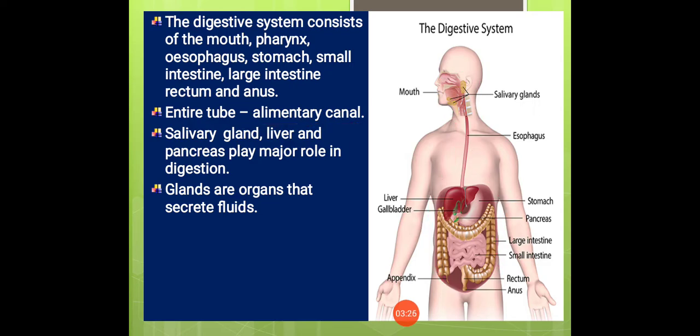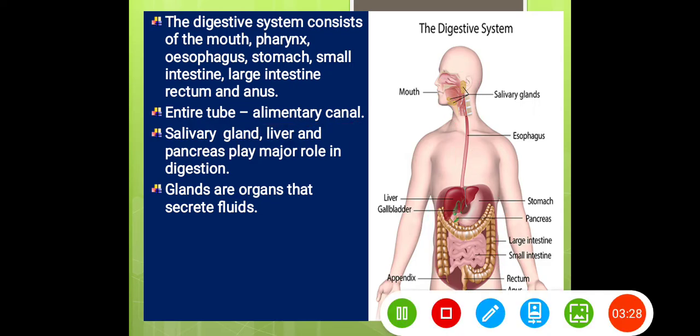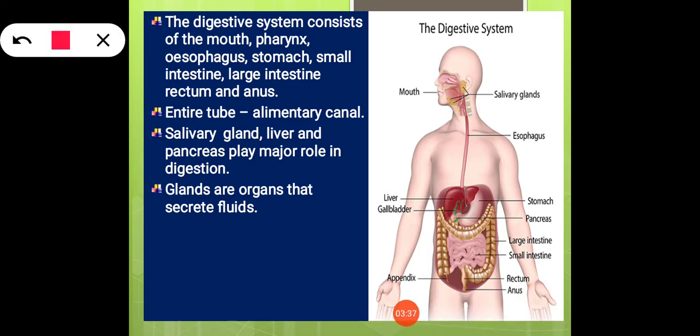The salivary glands, pancreas and liver are the glands which play a major role in digestion. The salivary gland is present in the lower jaw, and the liver secretes bile. The pancreas secretes pancreatic juice.